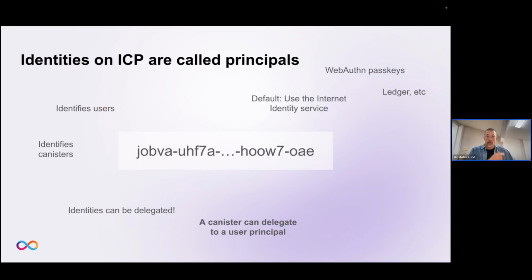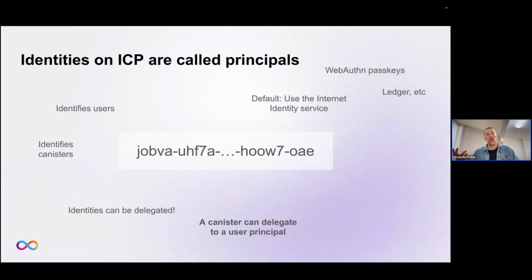Let's just briefly look at how identities look on ICP, because this is something we're going to touch on going forward here. So identities on ICP are called principals. And a principal can identify and represent both a user and a canister. And canisters are what we call the smart contracts on ICP.